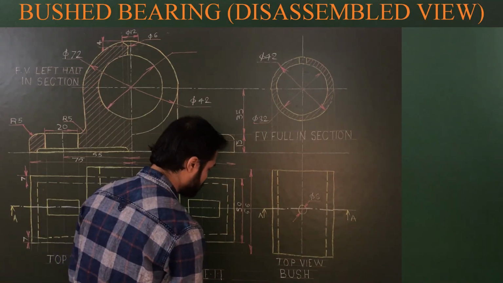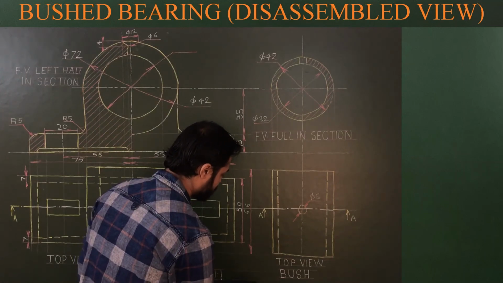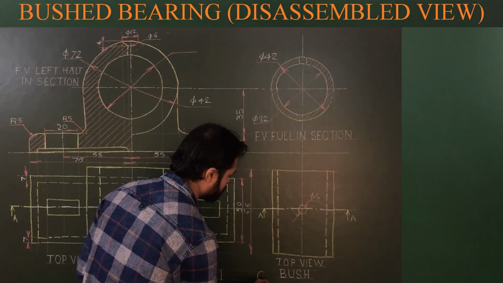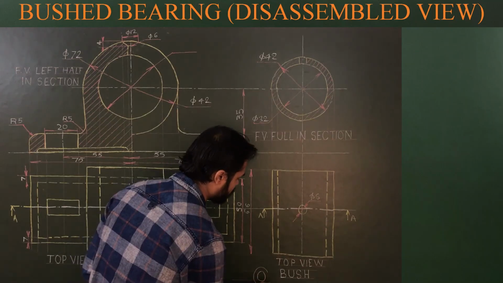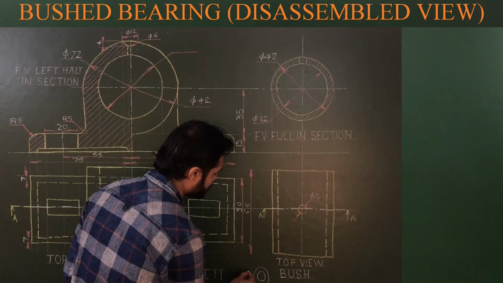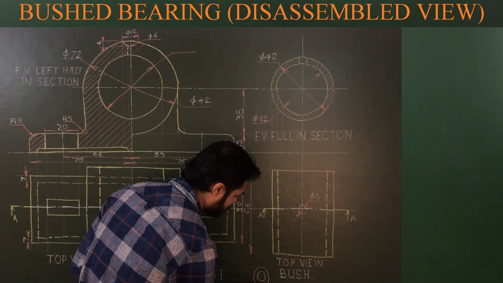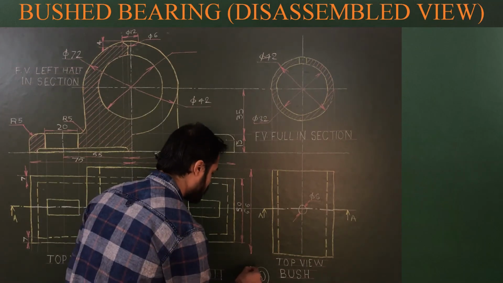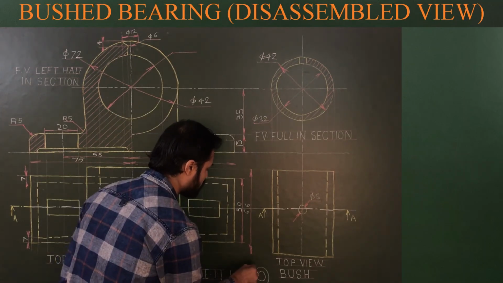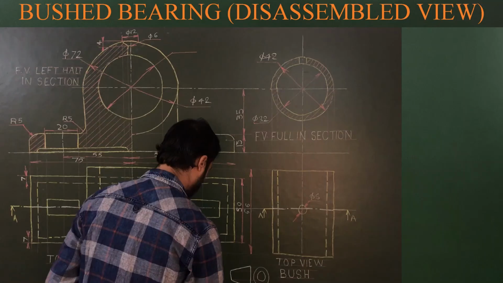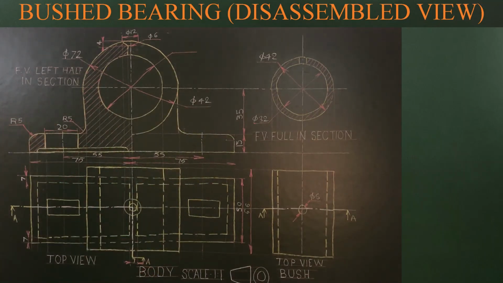Scale 1:1 and the symbol of first angle projection method, first term of cone. And after doing this, write the final heading, the last heading, the most important heading of this topic, disassembly or disassembled view of bushed bearing. So this is all from my side.